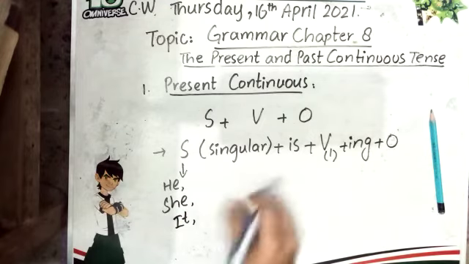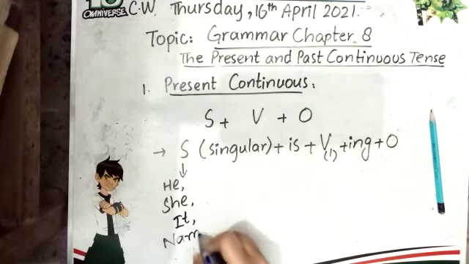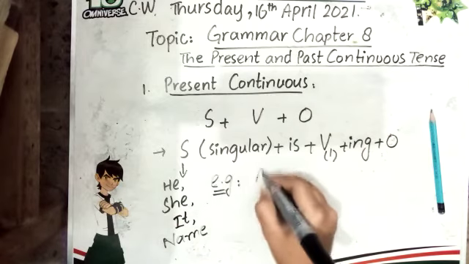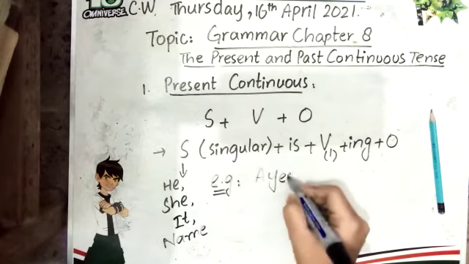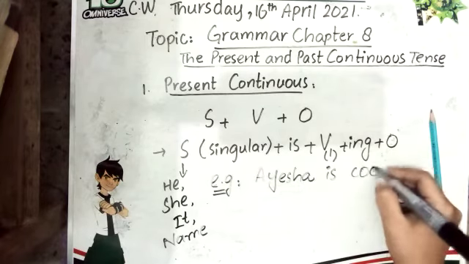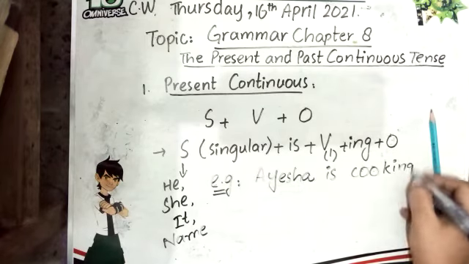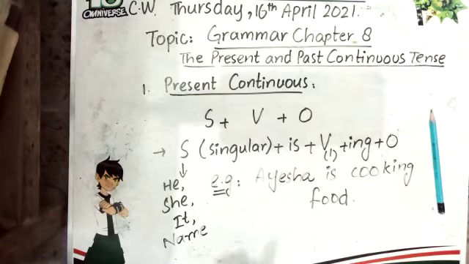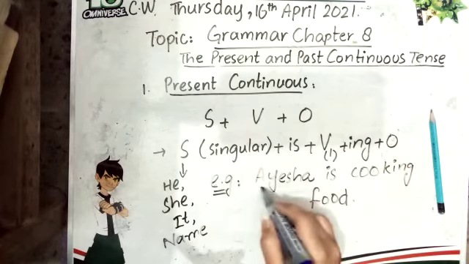For example, if I say Aisha is cooking food. Now in this statement, Aisha is a subject which is singular.